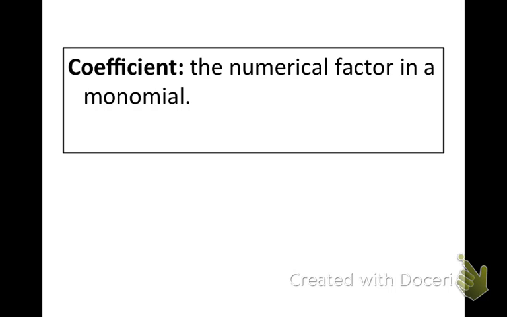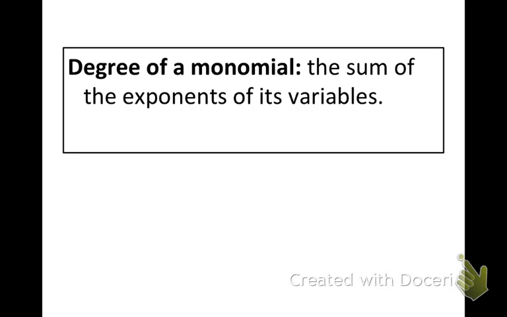All right, so I guess we're going to talk about what happens when we add a bunch of monomials together. When we look at what's called the degree of a monomial, your degree is going to be the sum of the exponents of its variables.